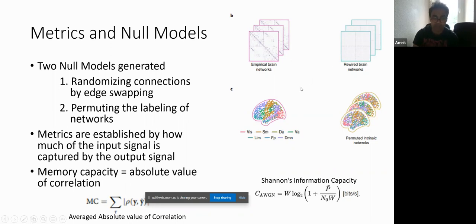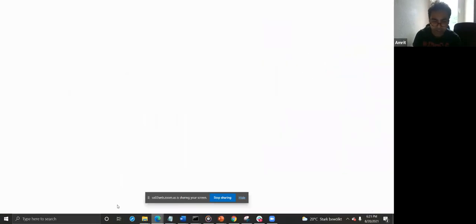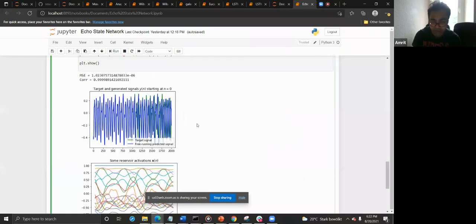Her hypothesis is obviously that the structure of the brain helps preserve memory in the whole circuit, right? And then the way that she quantifies her results, again, the task is very simple: just reproduce the input.